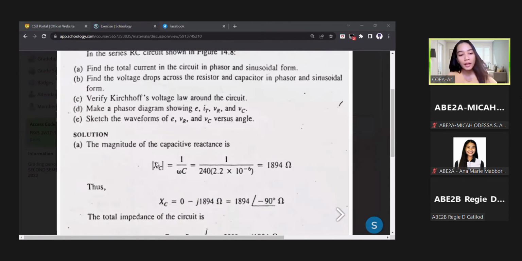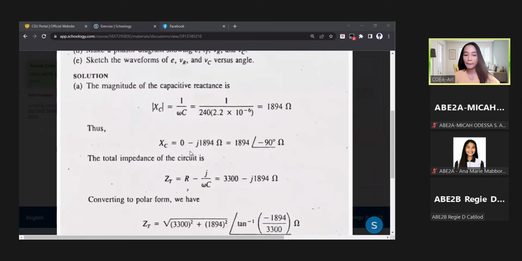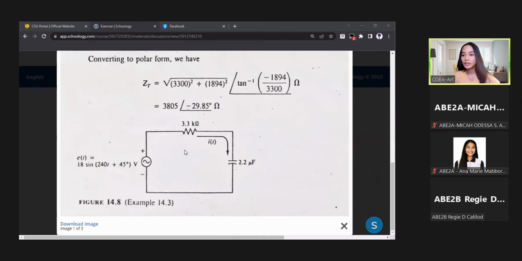We have here the magnitude of a capacitive reactance to be solved. Let's try to solve: 1 over 240. Where does 240 come from? Based on our material, the form we have in an AC circuit is the peak value of voltage times sine WT.